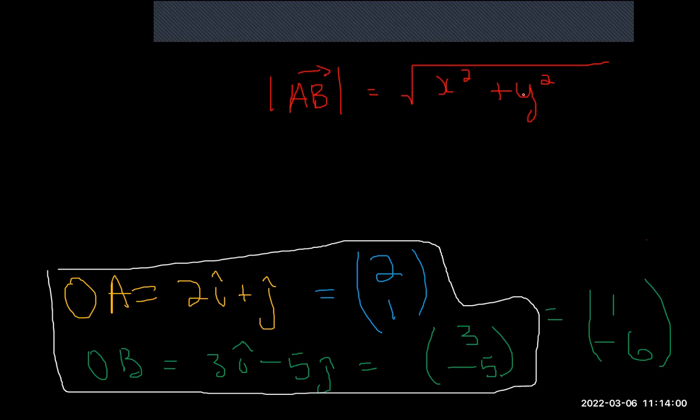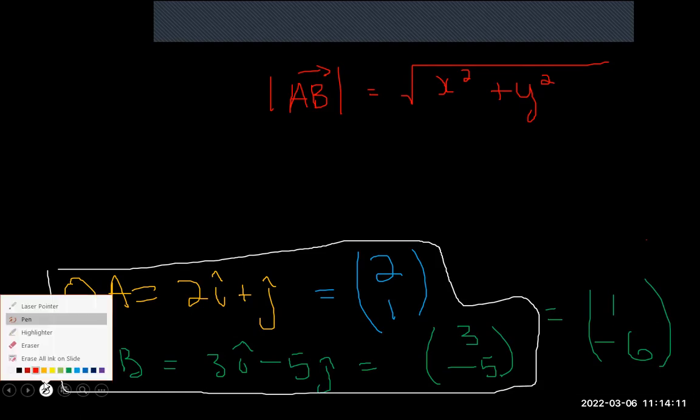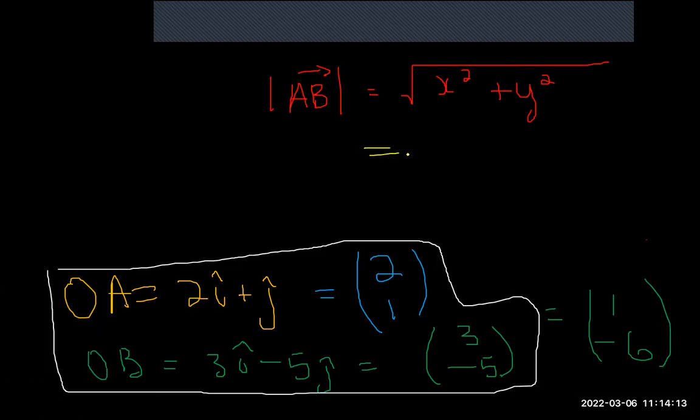The x component is always the top number. So in this case, it's 1, and that's why I would write 1 squared plus y. Y is always the bottom number. And in this case, it's minus 6.